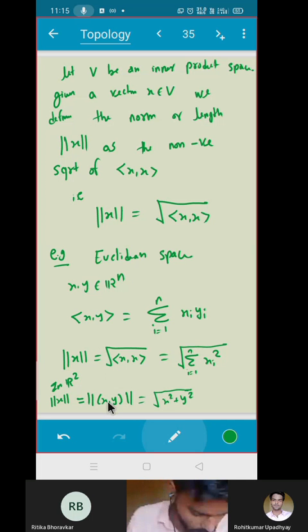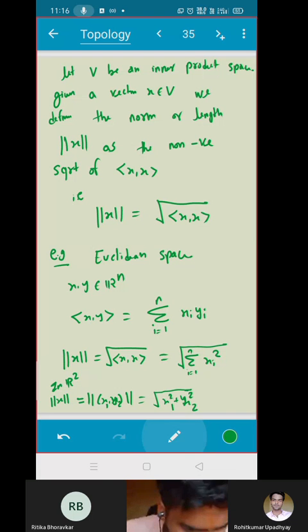If you don't like this, you can write it as x1, x2, then this will be x1 square plus x2 square. If I write just x, I'm talking about the norm of x. But here I'm writing x as the element in R2, which is coordinates. That's why I have written brackets: x comma y. Is that clear?